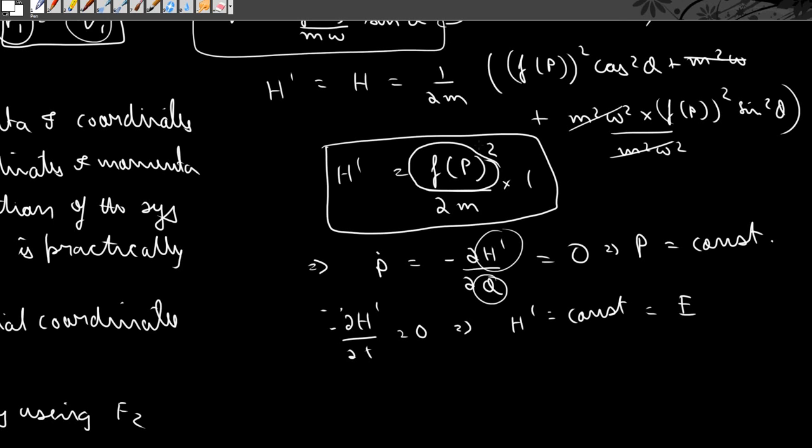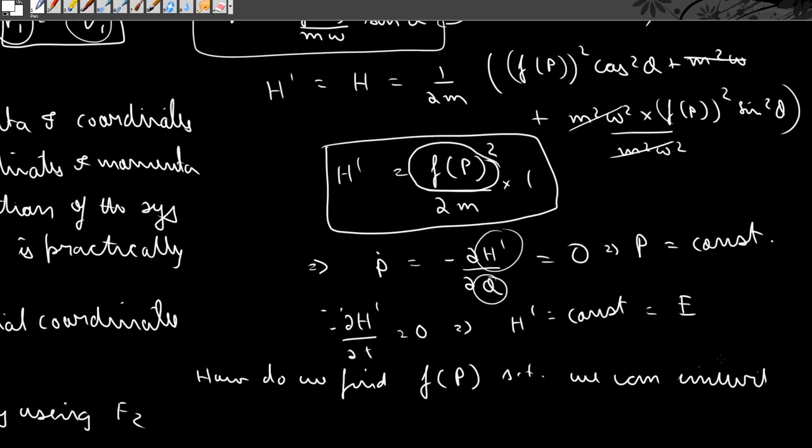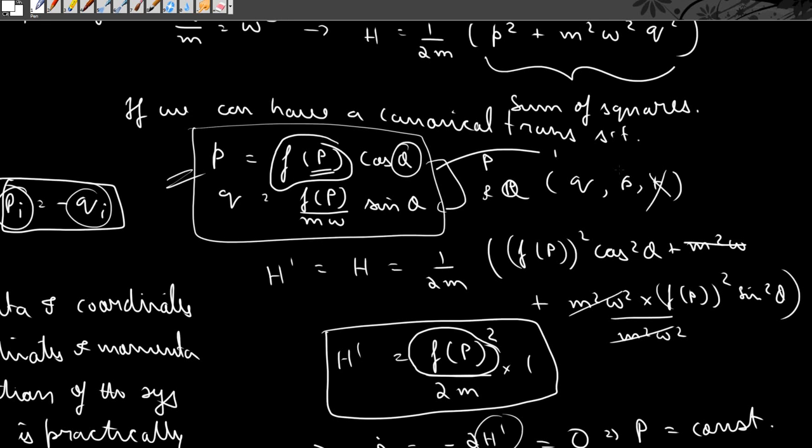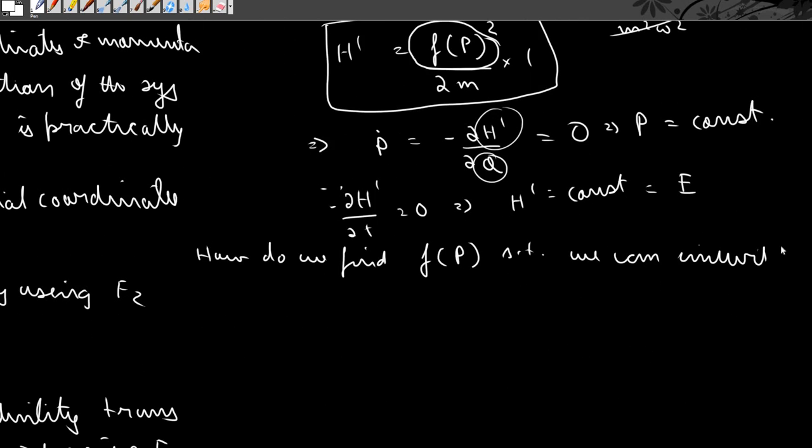Okay, so how do we find f of P such that we can invert these relations, let me call these relations equation 1, so that we can invert equation 1 to get the canonical transformation equation?